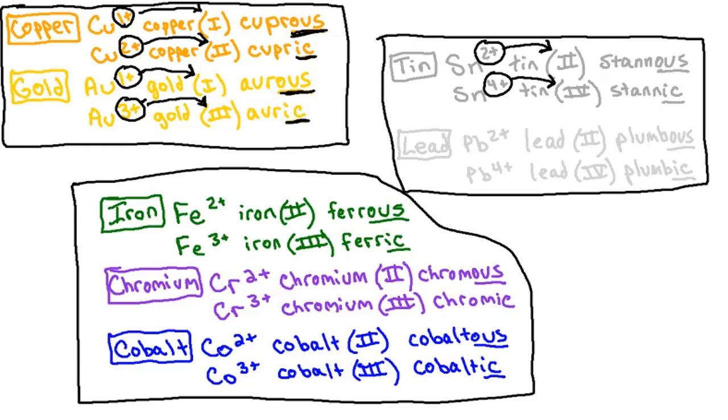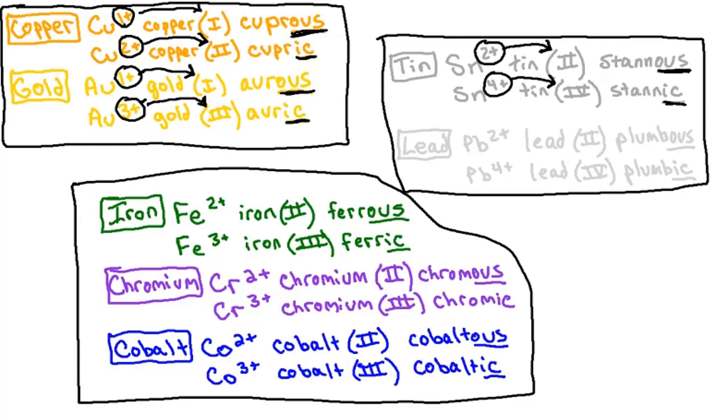Now the one with the least amount of charge is the tin 2, so that's going to be called stannous. The one with the most positive charge is the tin 4, so that's going to be called stannic.